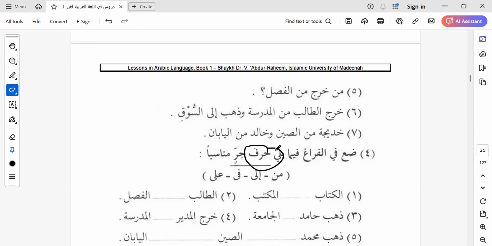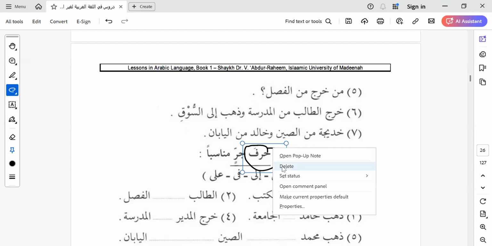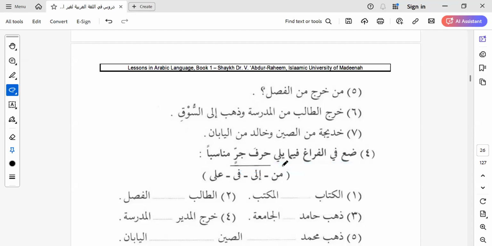Because it's mansub. Yeah, someone says it's mansub. Someone said accusative, right? Yes. Okay, what was the name of our sister who said this, mansub? Shifa.